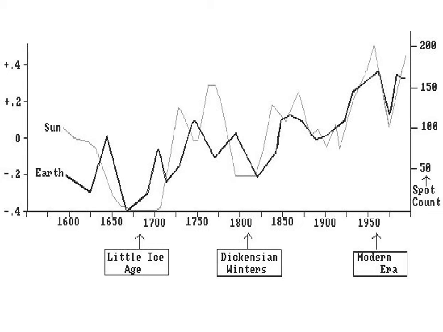So the light color line in this graph is actually the number of sunspots, and the dark color line is one you've seen a whole bunch. That's the average temperature of the Earth. And so what we see is that during the Maunder minimum, when there were very few sunspots, the temperature of the Earth actually cooled a little bit.